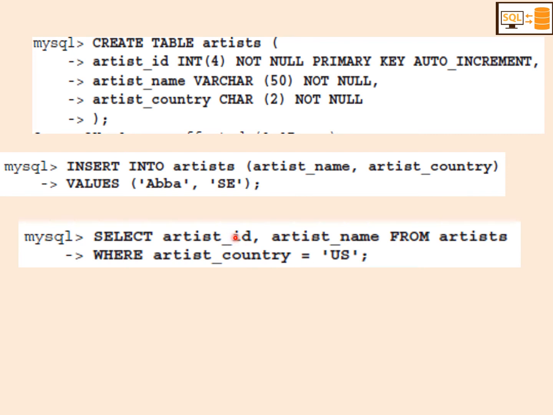Here we are trying to extract data from the artist table. We are extracting artist ID and artist name for those rows whose artist country is equal to US. So this SQL statement extracts all the rows where the country is mentioned as US, and it will retrieve the artist ID and artist name of those whose country is US.